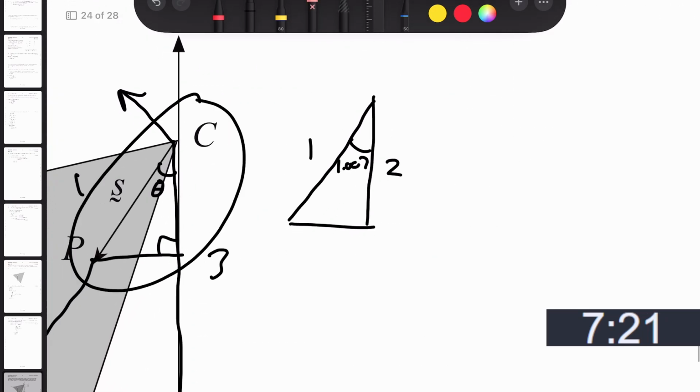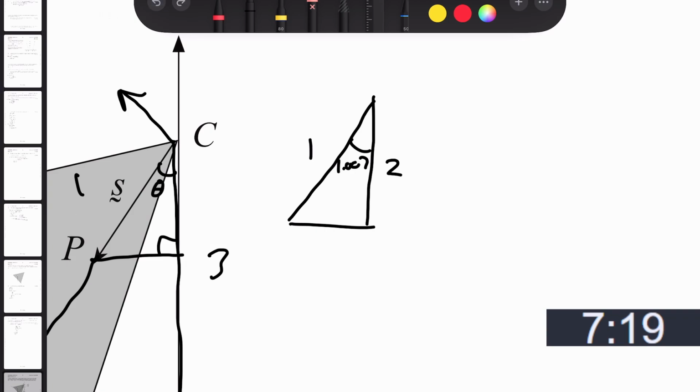Because I'm looking at this triangle here. Wait, no, that would be that angle, would it? But then this is 90 degrees to that. So 2 pi.